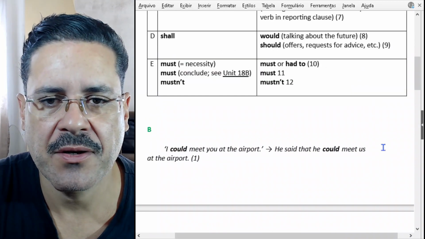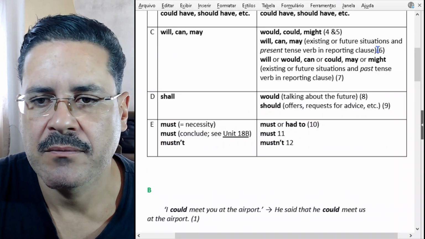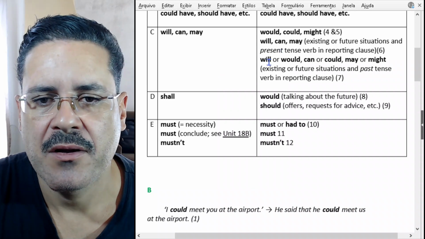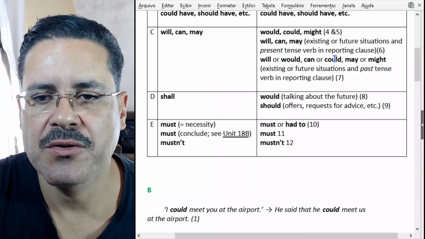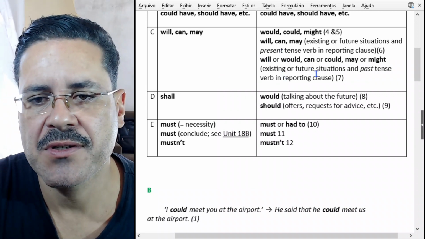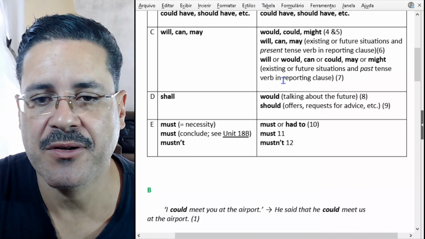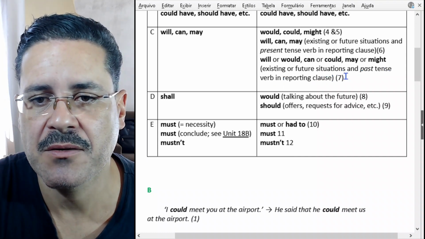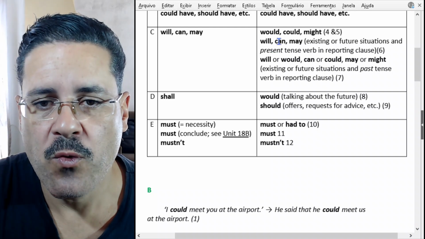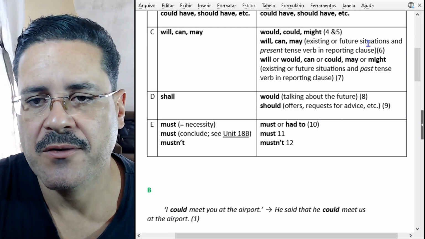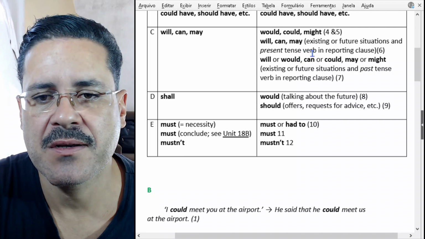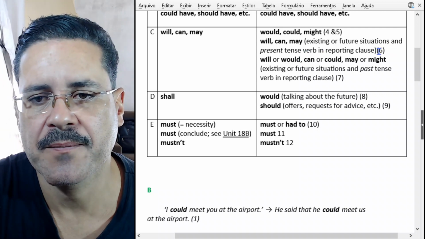This is actually number 7. Will or would, can or could, may or might exist in future situations with the past tense verb in the reporting clause. Notice the difference. Will, can, and may exist in future situations with the present tense verb in the reporting clause.